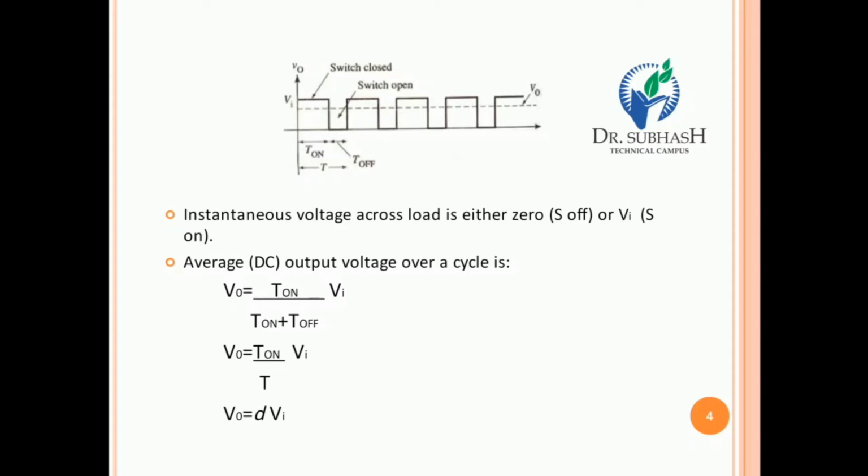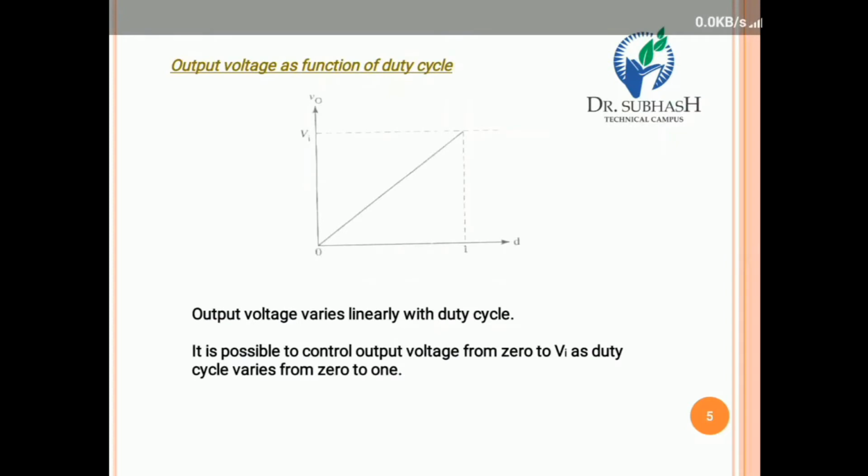Now we calculate the average DC output voltage: V out equals T1 divided by the total T, where the total T is T1 plus T off, multiplied by Vi. So V out equals D times Vi.